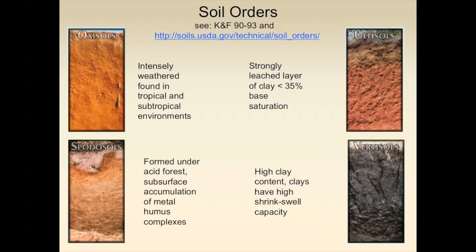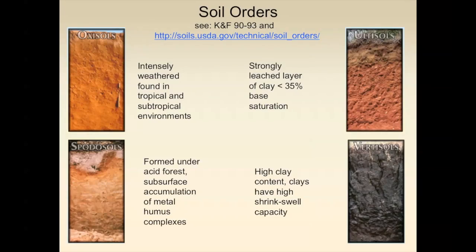The oxisols are intensely weathered soils found in tropical and subtropical places. I mentioned Africa and Asia, but South America as well. So, for instance, a lot of the soybeans that are grown in the Amazon basin are on oxisols.